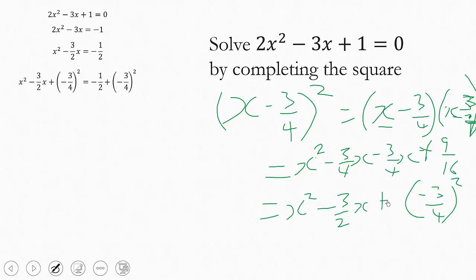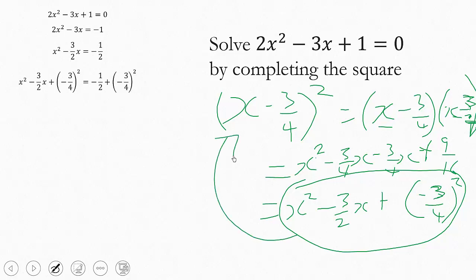Then plus this one. So we can see that this particular expression here is in actual fact equal to this. So that is what we do here. When we get to this stage, we rewrite this over here to be equal to what is here.